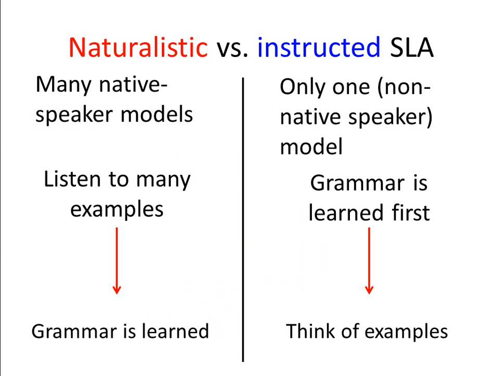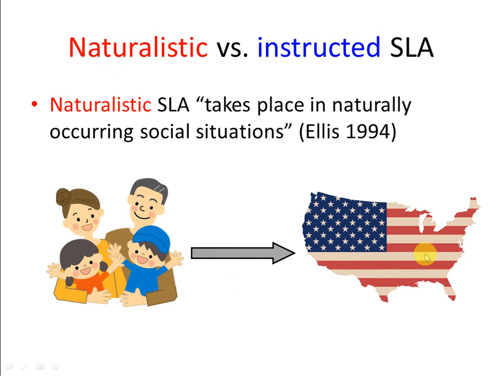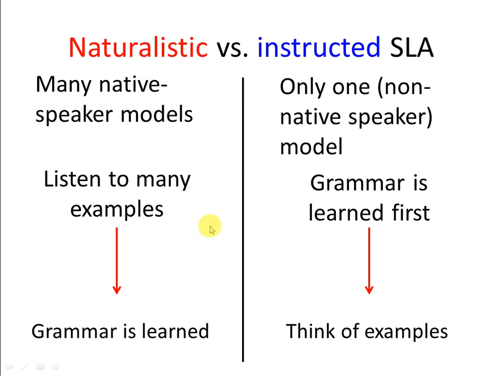so the situations where these two types of second language acquisition take place are different, but also maybe there are many other differences. So in naturalistic second language acquisition, usually we have many native speaker models around us. So if we go to the US, there will be many native English speakers around us, and they always speak English.